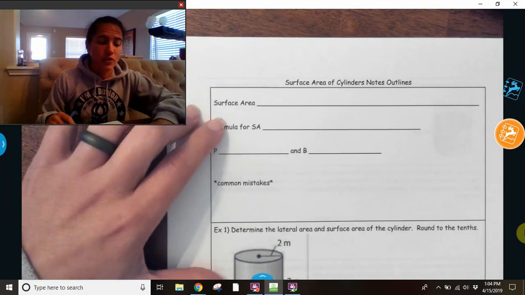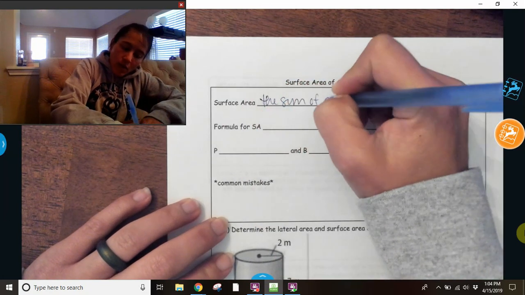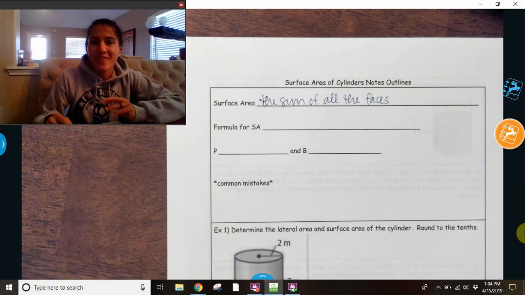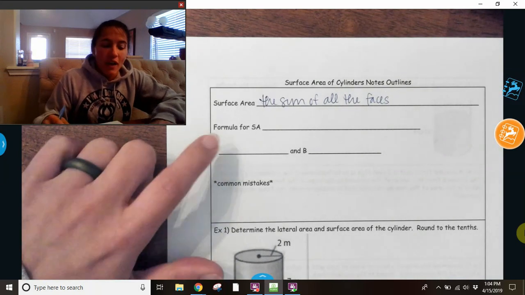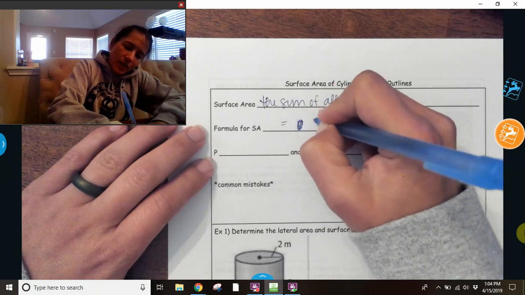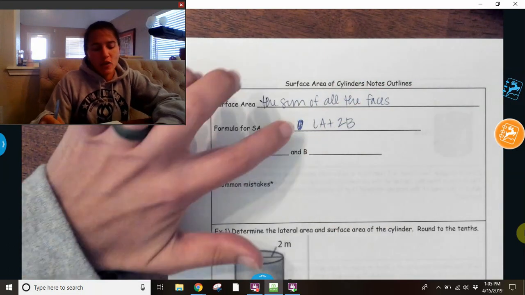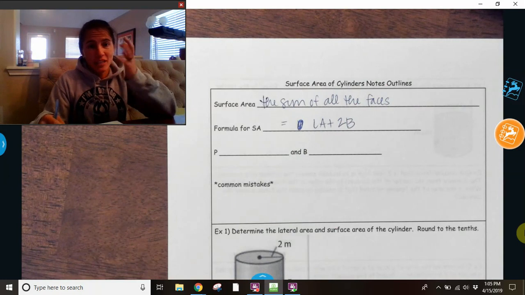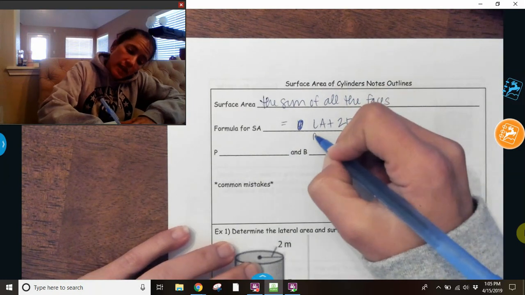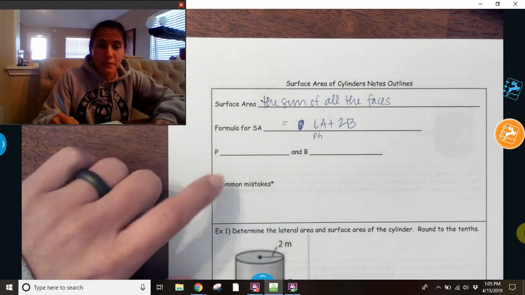So let's just get some vocabulary. Surface area is the sum of all the faces. And we have a formula for surface area, and that is lateral area plus two bases. The lateral area is the area that goes around. Now, in prisms, we said PH, the perimeter of the base times the height of the prism.